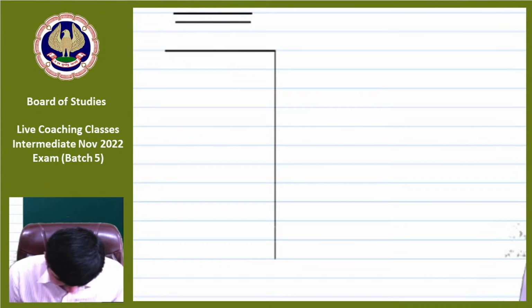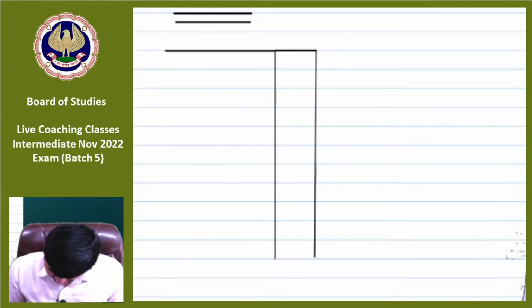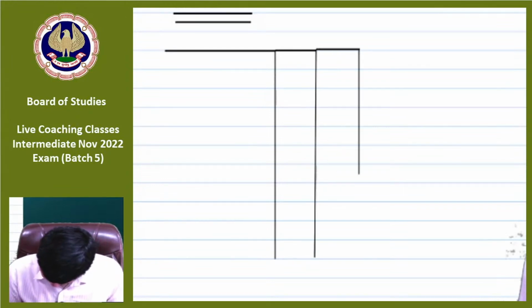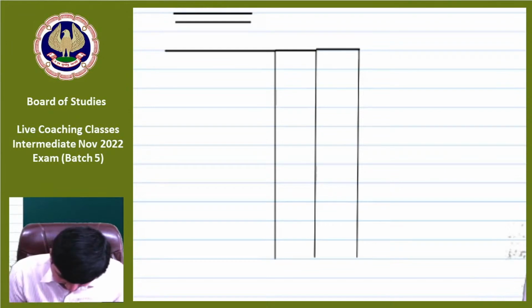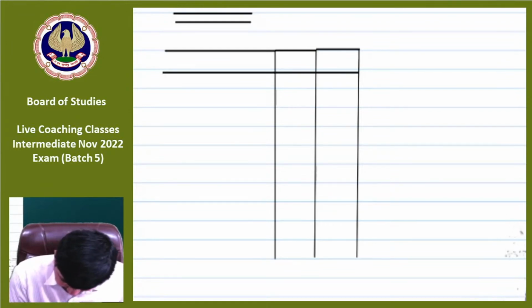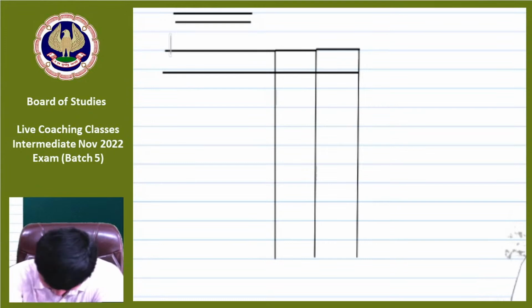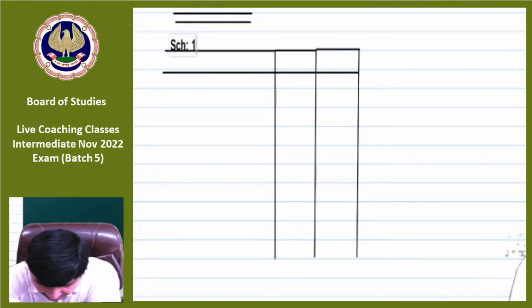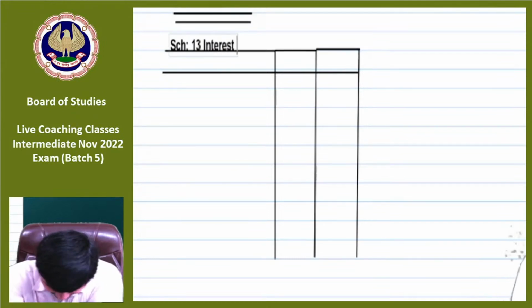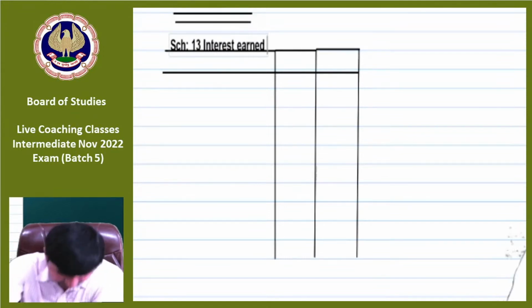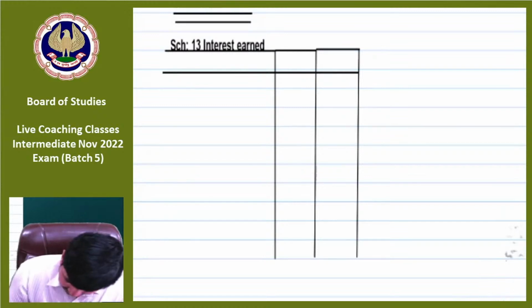Keep in mind, you have to give previous year figure also. Schedule number 13. Interest earned. Current year, previous year.